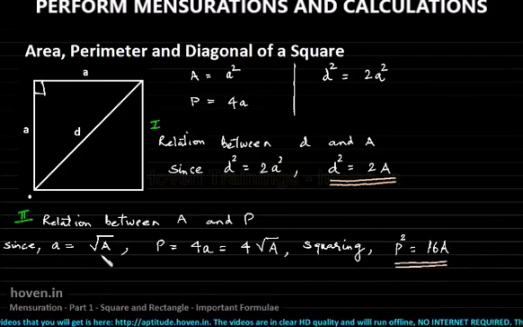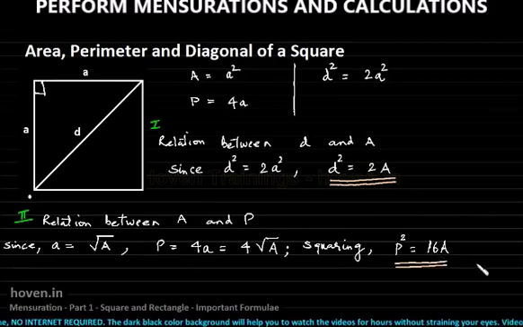A is known to be square root of a, P is known to be 4 times A, we substituted A equal to square root of a, and then we squared both the sides of this equation. P turned into P square, 4A turned into 16a. I have always laid stress on derivations of formulas so that you can understand the concepts even more. Let us move to our next property.